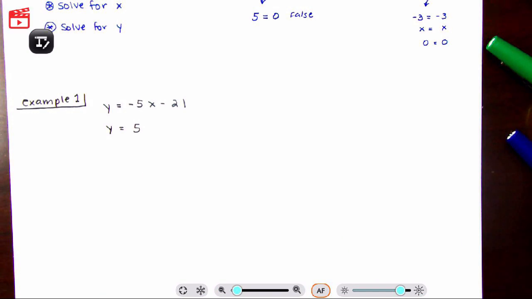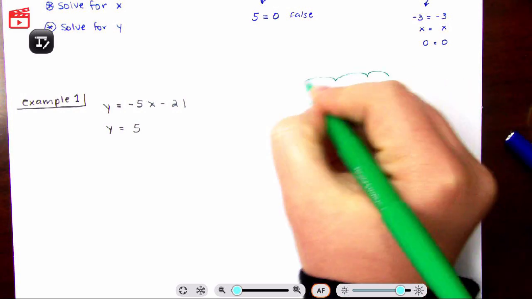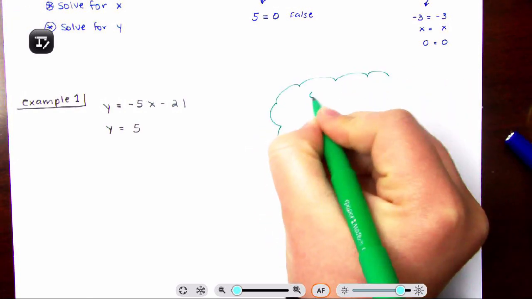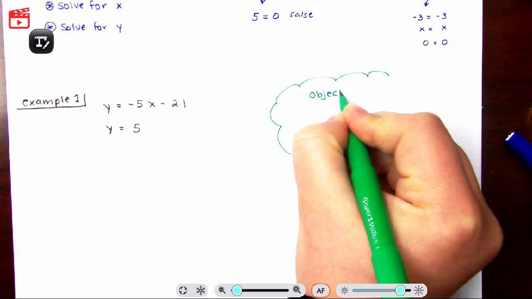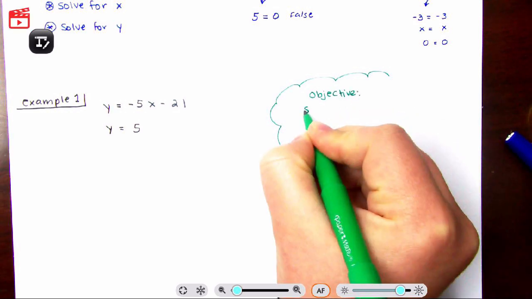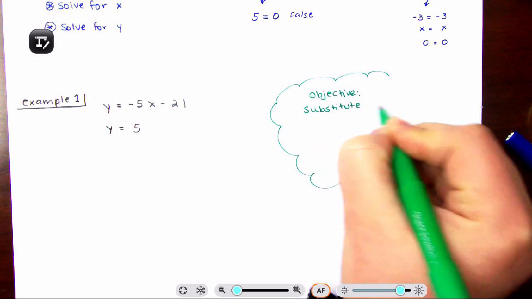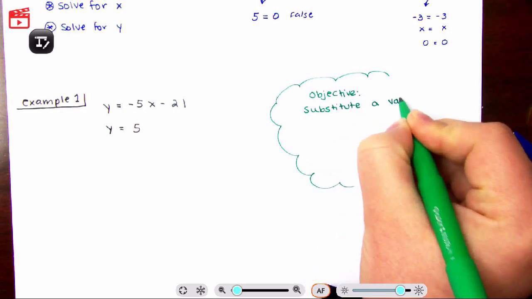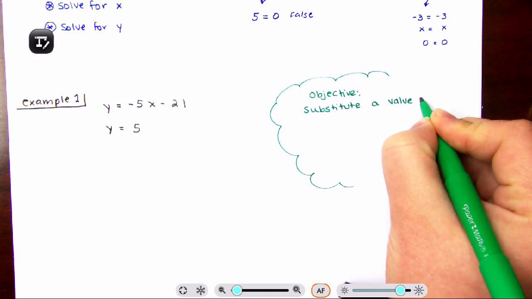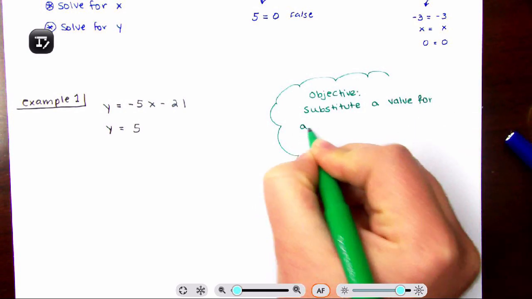So again, what's our objective? Our objective is to substitute or replace. Let's do a thinking bubble. Substitute a value for a variable.